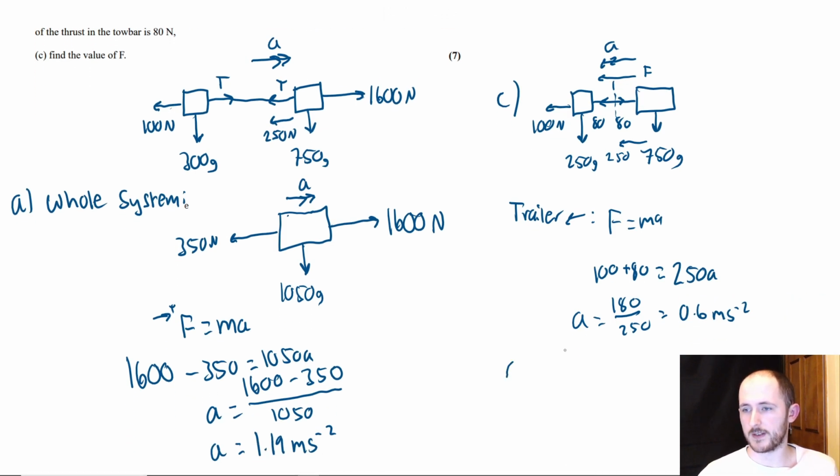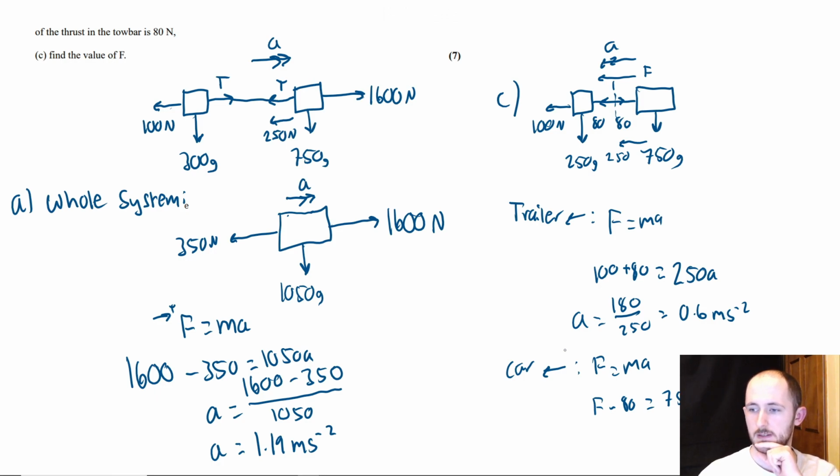So car, again, we're going to take the right as positive, which means we're actually probably going to get a... Actually, no, we're not. Never mind. Don't listen to me. F equals ma. We have the fact that F minus 80, because it's in the other direction, equals 750 times 0.6.